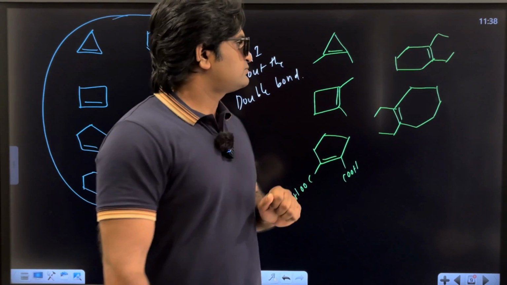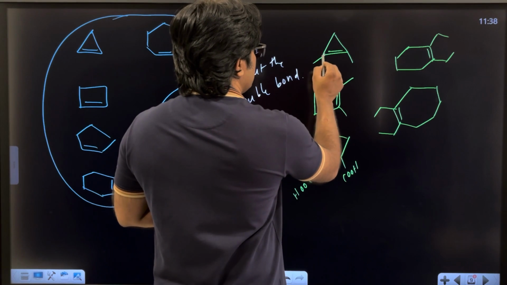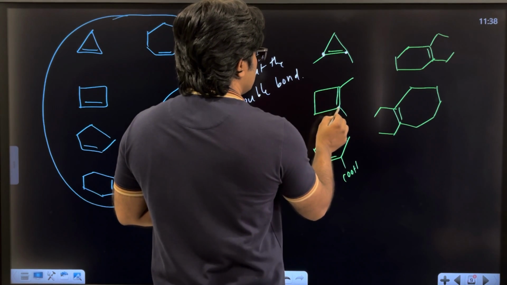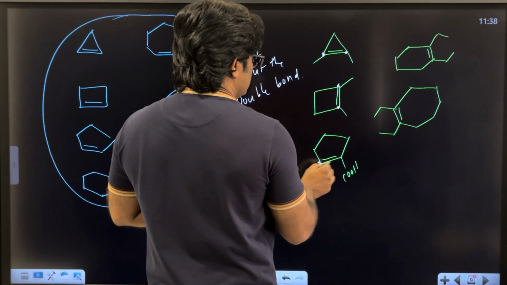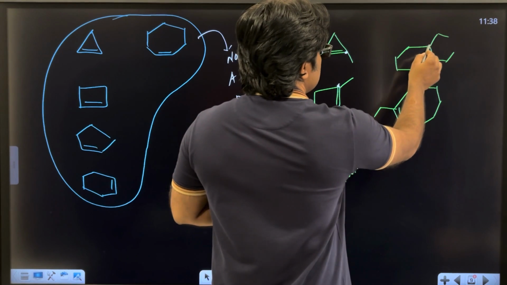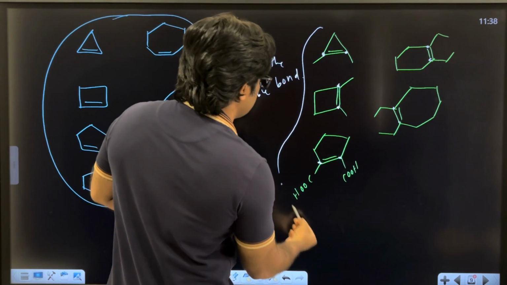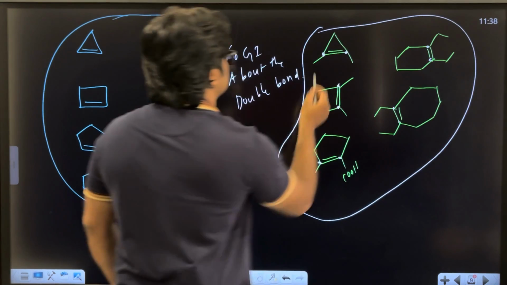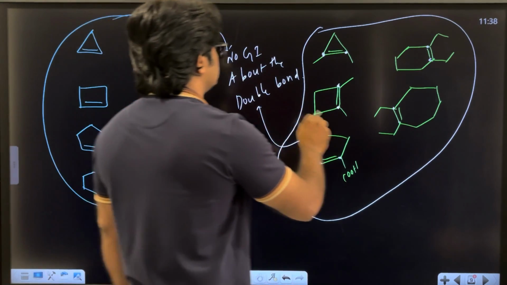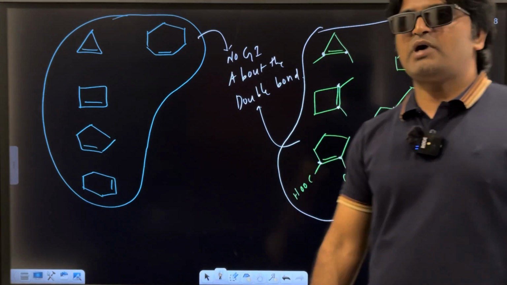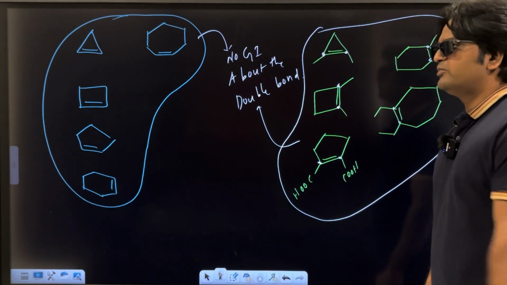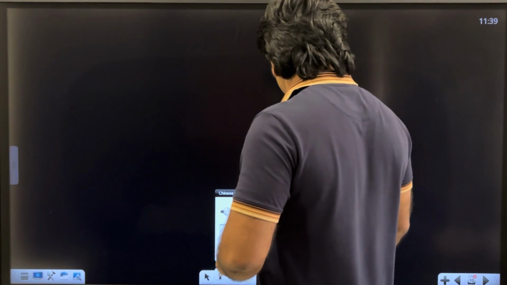Whatever substitution is given on sp2 carbon atoms up to the 7-member ring system, is there any chance for geometrical isomerism? No geometrical isomerism. Same point: no geometrical isomerism about the double bond. Very, very important.